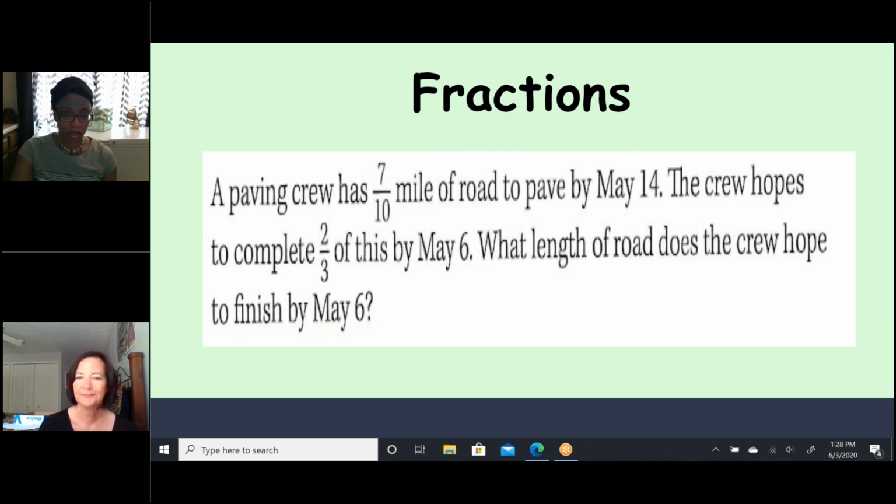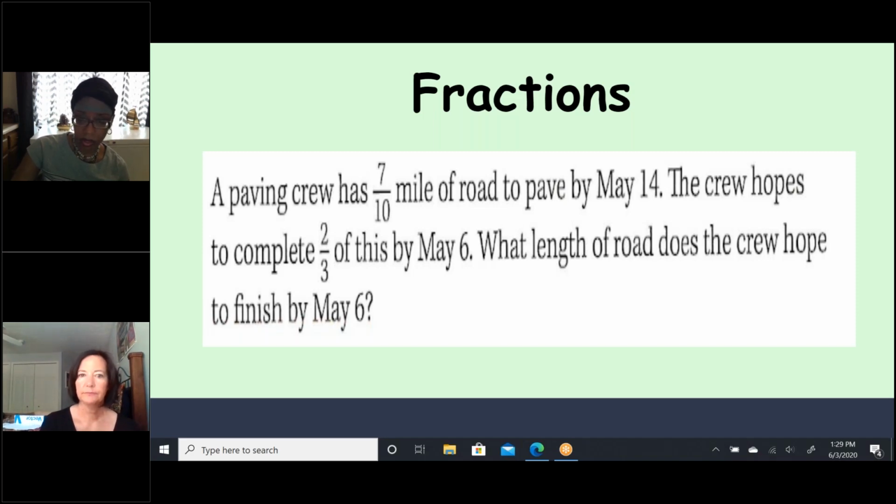Wait a minute. Read it out loud and then read it silently to yourself. That helps me process. Okay, a paving crew has 7/10 mile of a road to pave by May 14th. The crew hopes to complete 2/3 of the road by May 6th.